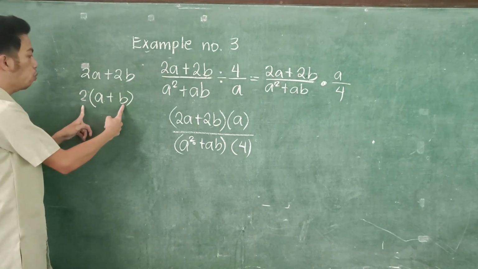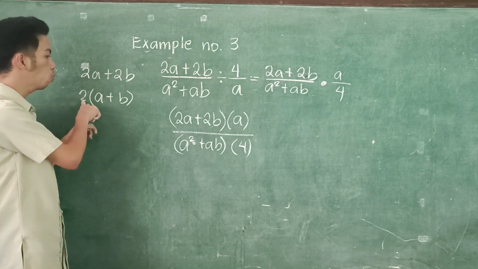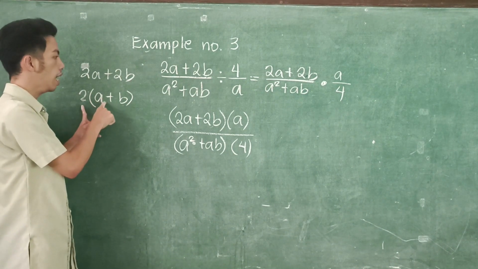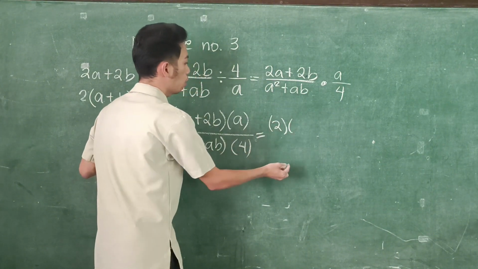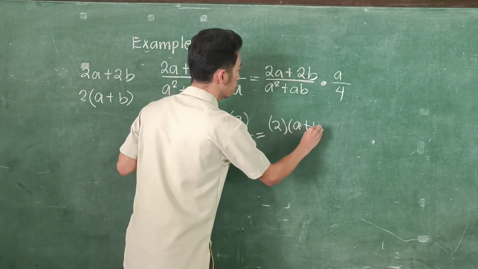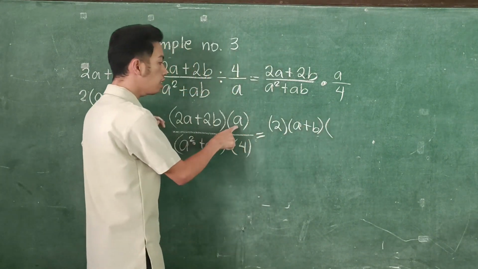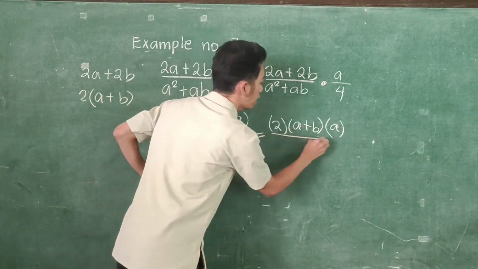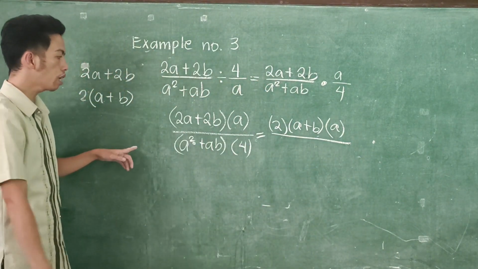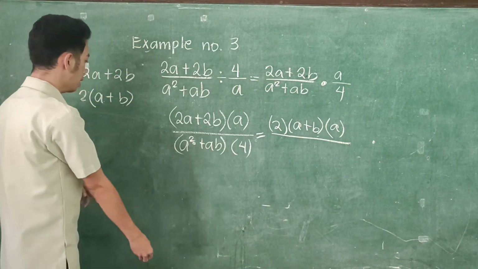So the factor of 2a plus 2b is equal to 2 multiplied by the quantity of a plus b. Then multiplied by a, divided by a squared plus ab.